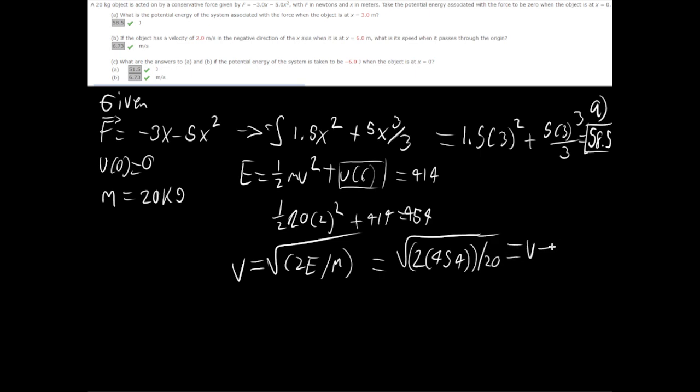We get velocity equals 6.73, and that's B. And then it asks, what are the answers to A and B if the potential energy of the system is taken to be -6 joules when the object's x is at 0?